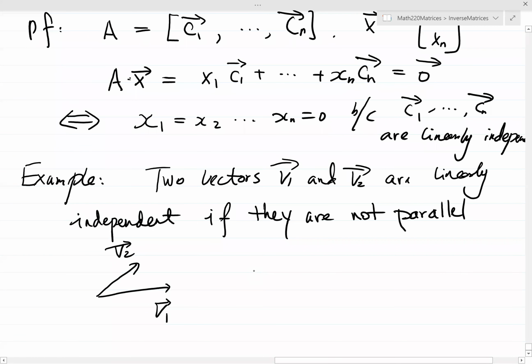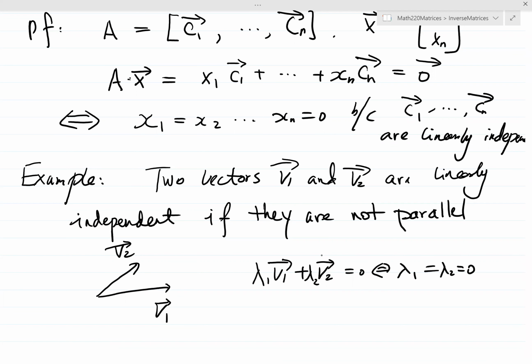Lambda 1 V1 plus lambda 2 V2 equals 0 implies lambda 1 equals lambda 2 equals 0. Because if one of them is non-zero, then V1 is a multiple of V2 or V2 is a multiple of V1, which means they are in the same direction, which is not possible.